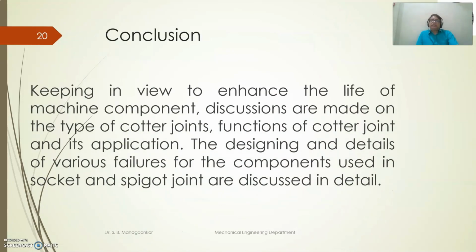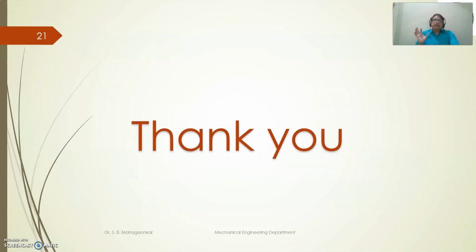In conclusion, we can say, keeping in view the enhancement of the life of the machine component, the discussions were made on the types of quarter joints, the functions of the quarter joint and its application. The designing and details of various values of the components used for the socket and spigot joints are discussed in detail. So I think we have covered a lot of the designing part, that is the knuckle joint as well as the quarter joint.